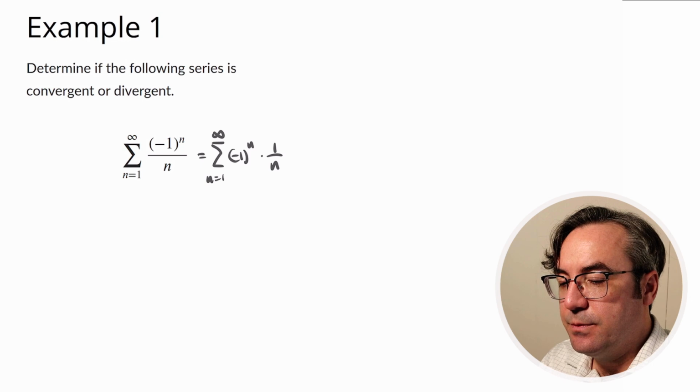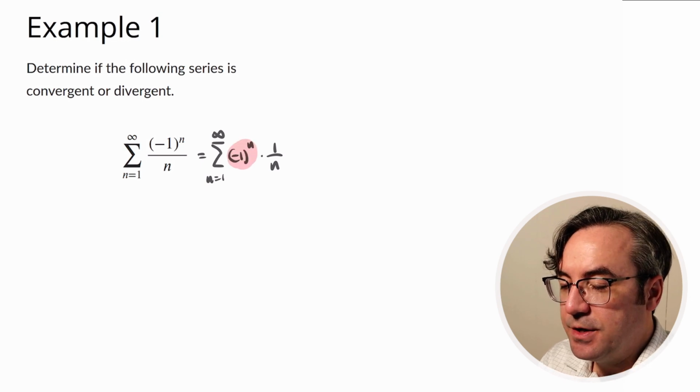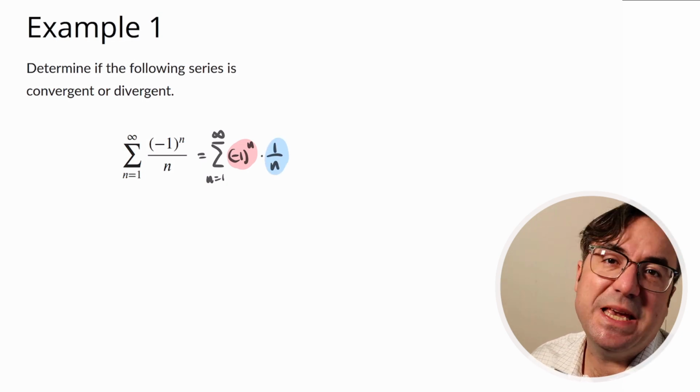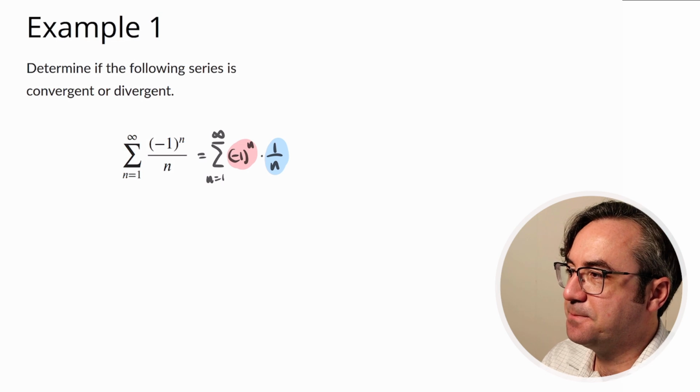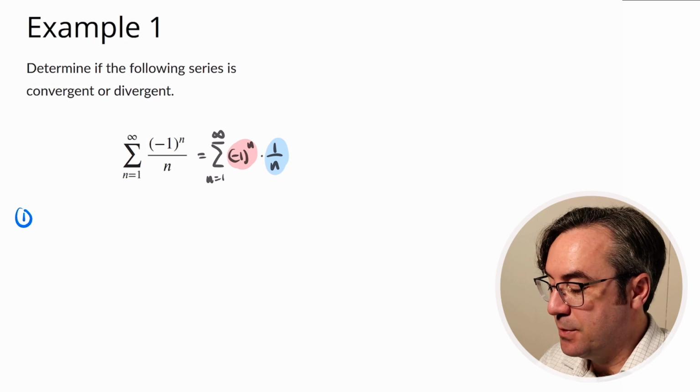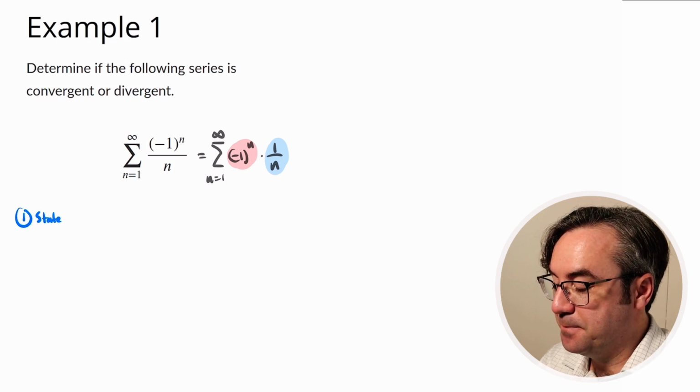When we do that, we have our alternating component and then the term that we're going to call Bn for this alternating series. All right. So first step, we're going to state Bn.